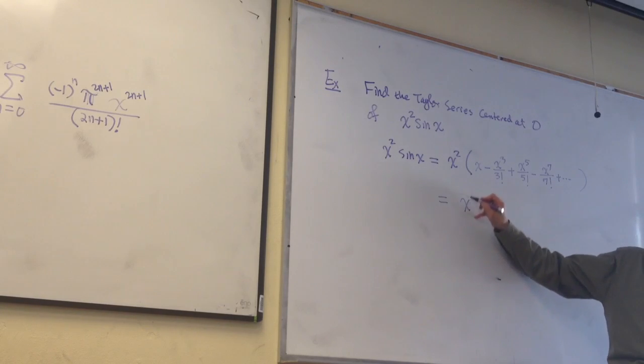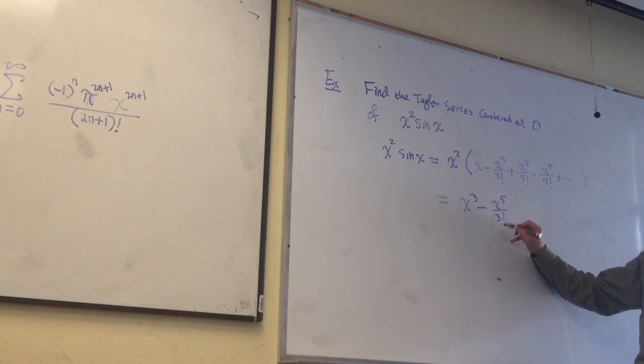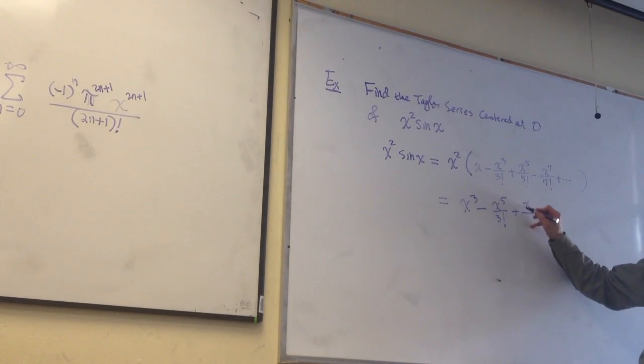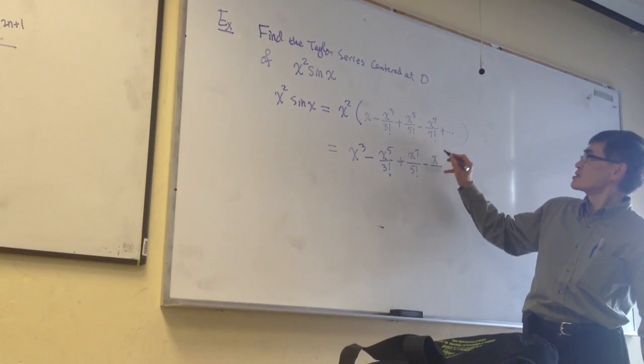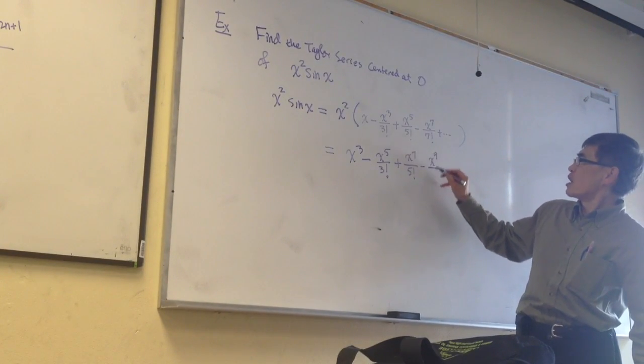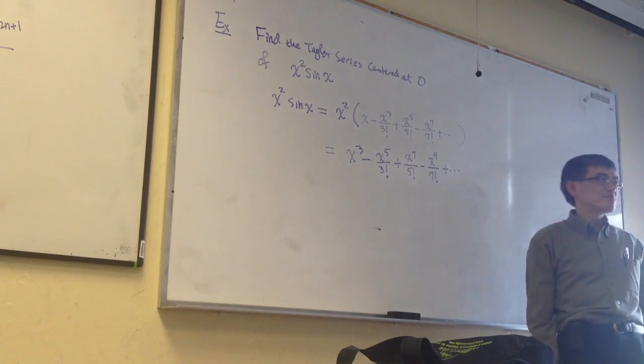You get x to the third power minus x to the fifth power over 3 factorial, plus x to the seventh power over 5 factorial, minus x to the 9th power over 7 factorial, plus and so on. That's it.